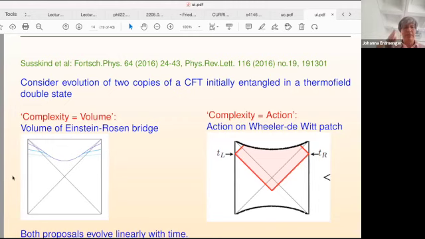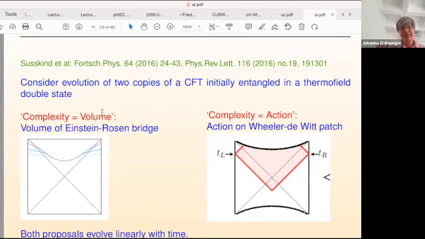Now the idea of Susskind is that the length of this bridge, which is just drawn in this small dimension, so the volume is just the length of the curve, should be a measure for this complexity.